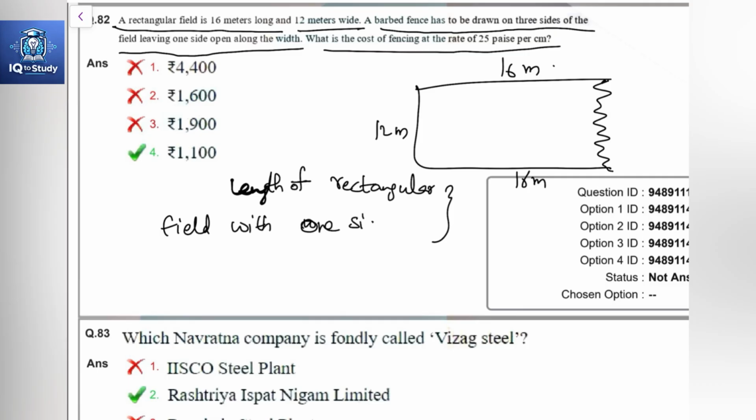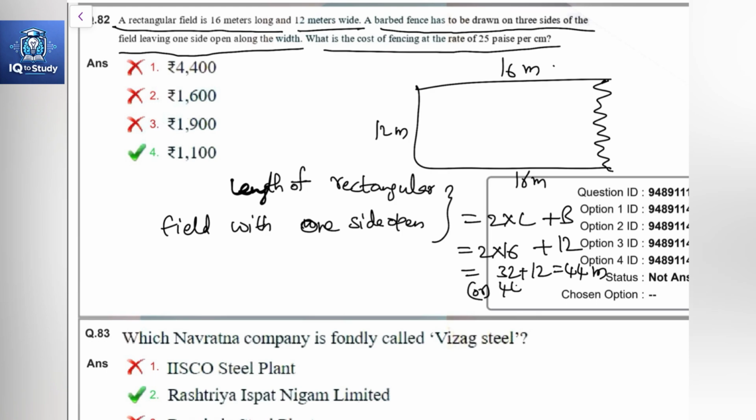with one side open is equal to 2 into L plus B. We know that length is 16 and breadth is 12. So that is equal to 32 plus 12, which is equal to 44 meters or 4400 centimeters.